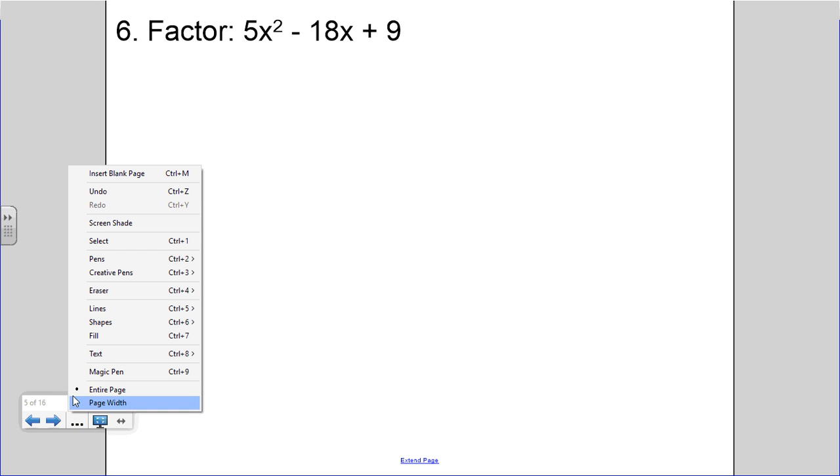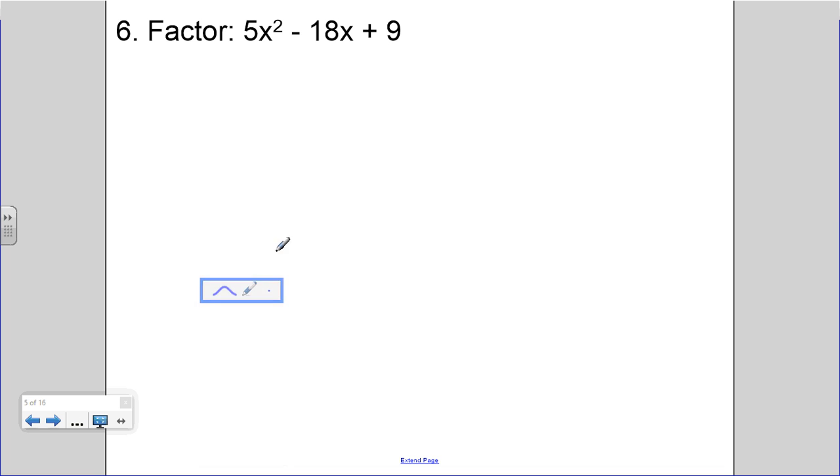Number 6 wants us to factor this trinomial. It leads with a number, so let's check for a GCF. So 5x squared is the same thing as 5 times x times x. 18x is the same thing as 2 times 9 times x.